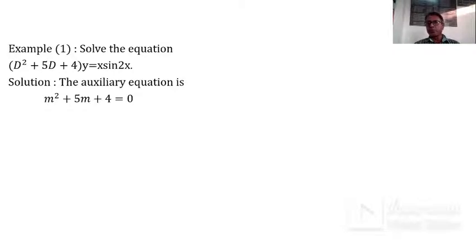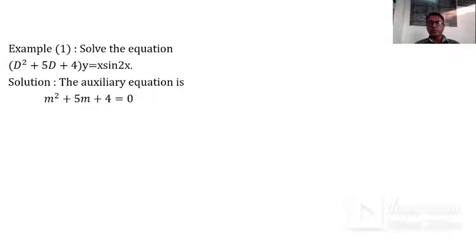the complementary function. For that purpose, we first consider the associated homogeneous differential equation, in the bracket D square plus 5D plus 4 bracket complete of y equal to 0. From this we write the auxiliary equation: m square plus 5m plus 4 is equal to 0. This is a quadratic equation in m. We want to factorize this.